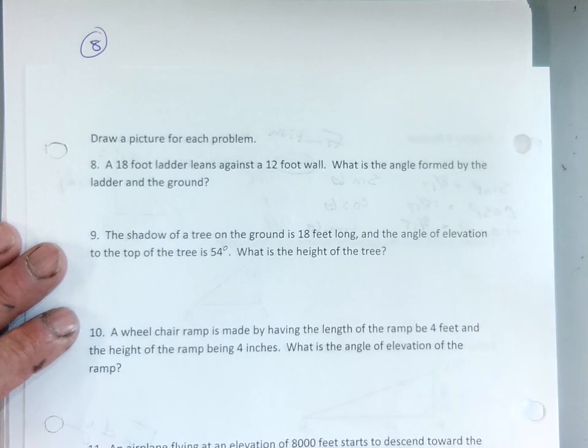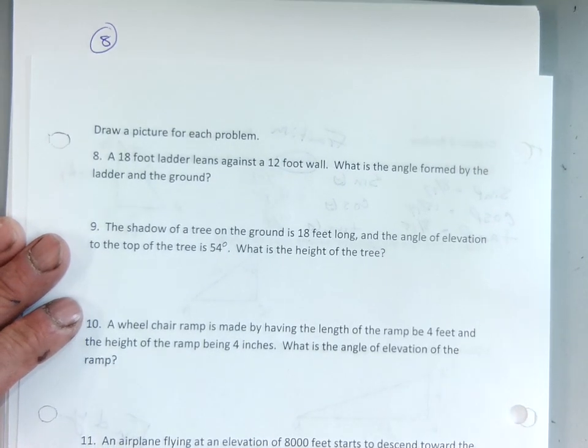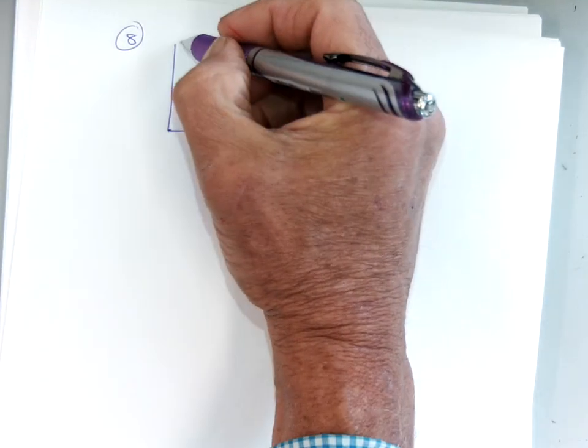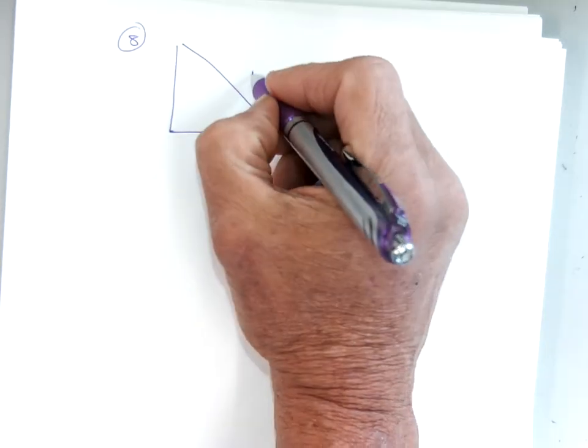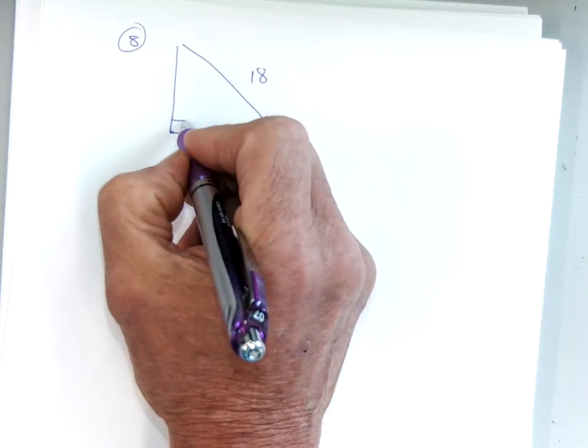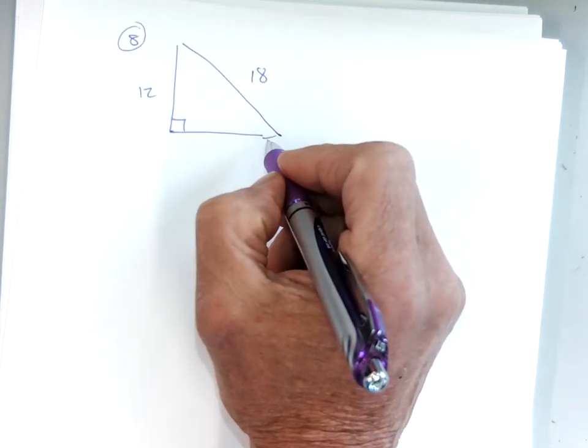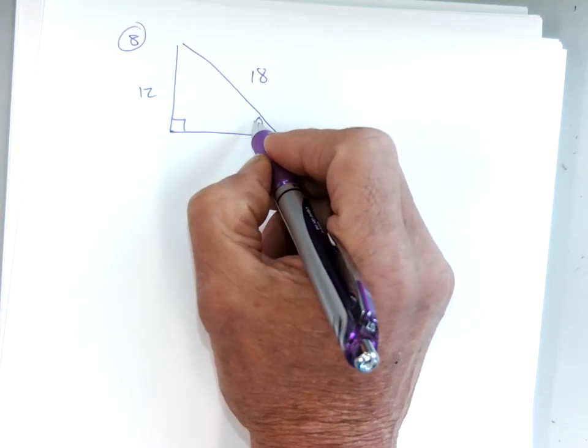Okay, an 18-foot ladder leans against a 12-foot wall. What is the angle formed by the ladder and the ground? Okay, well, let's draw a picture. The 18-foot ladder's got to be there. 12-foot wall. And the angle formed by the ladder and the ground, that's got to be there, right?